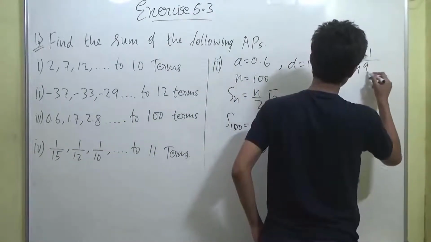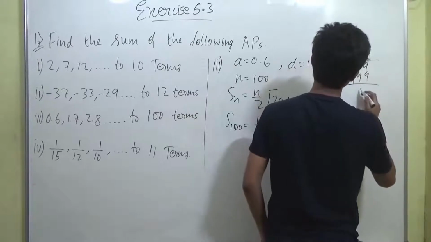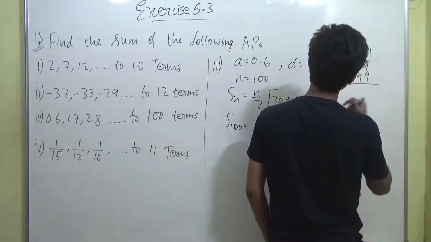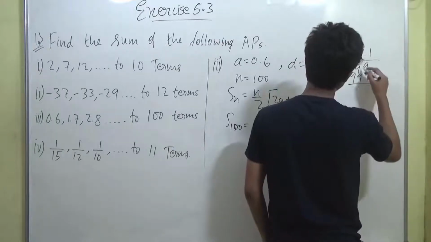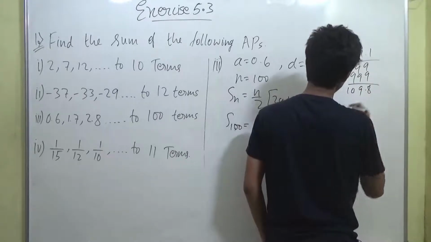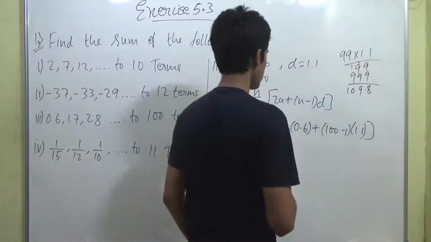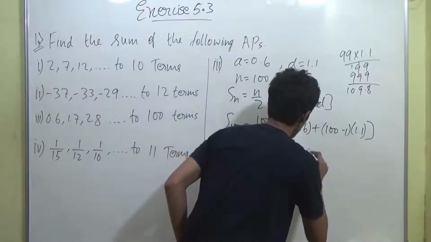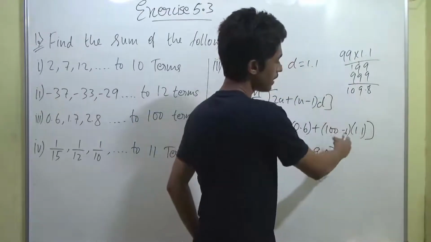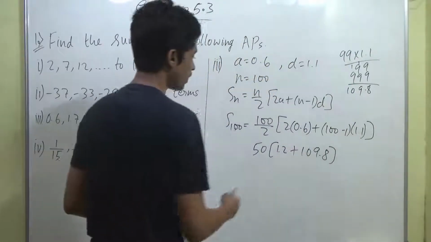It's going to become 108.9. So it is plus 108.9 after doing the multiplication guys. After doing 99 into 1.1, we are going to get 108.9.